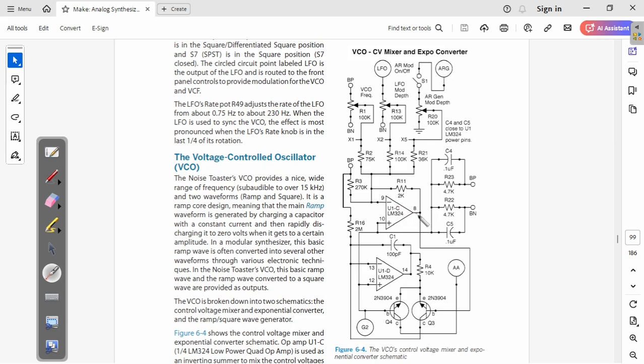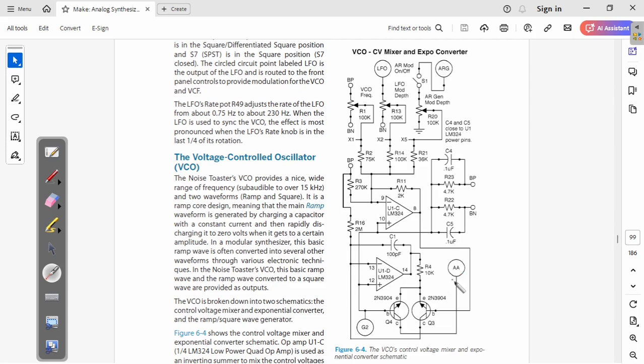And the output of that op-amp is here, and it's going into that exponential converter. So it's going to the base of the first transistor. The art of this thing is really this part. This op-amp is going to control the current in that transistor, and then you have that second transistor, and the collector current of the second transistor is basically your output.